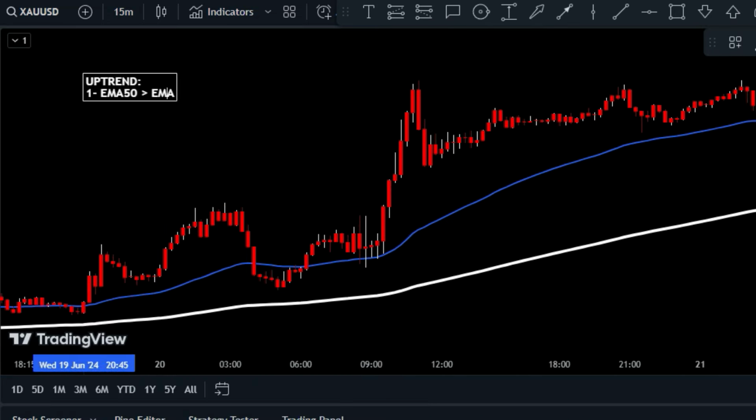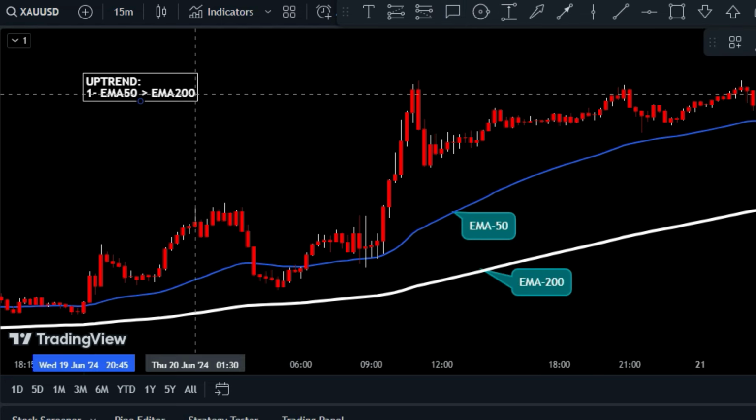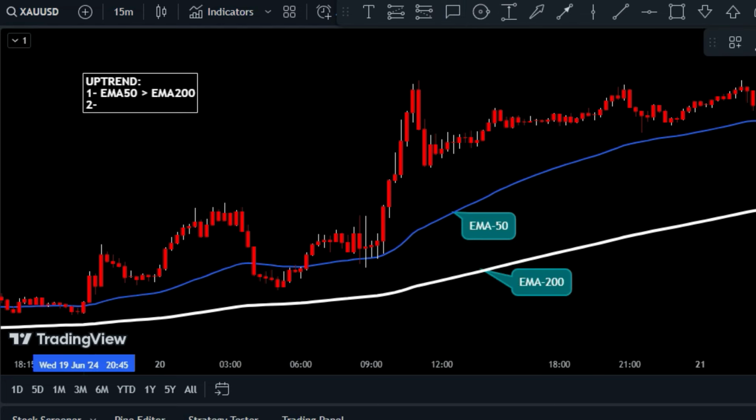And if you spot the EMA 50 above the EMA 200 and the price candles are above all the moving averages, that's your cue that we're in an uptrend, my friend.